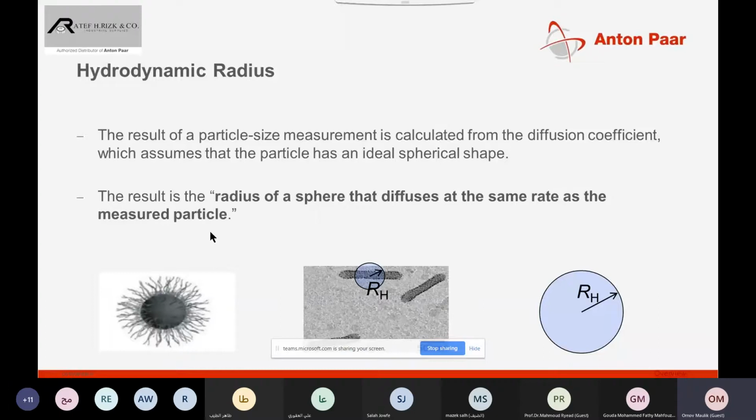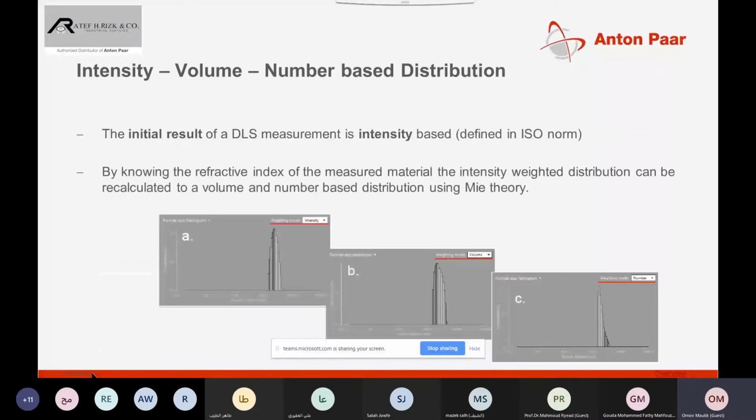That is considered to be the hydrodynamic diameter. That's why we call it a hypothetical diameter. You can also get intensity, volume, as well as number distribution from the data.